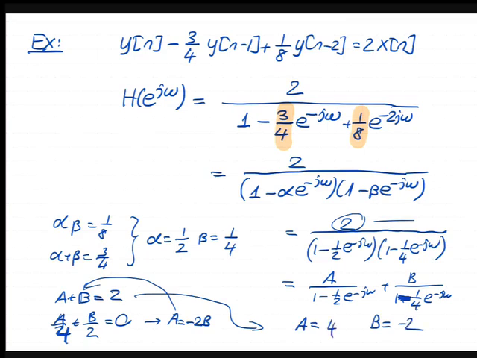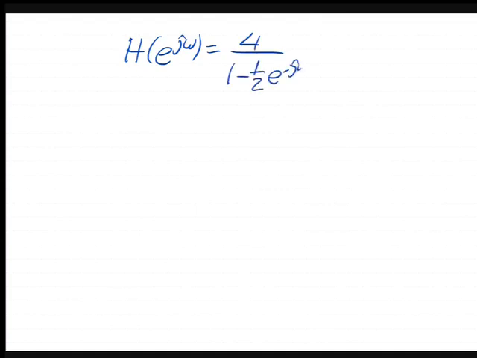Okay, good. All right, so using this, we really found the answer. We found the Fourier transform of h to be 4 times this and negative 2 times this with e to the negative j omega, right?